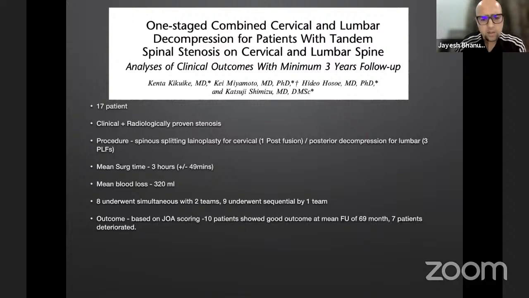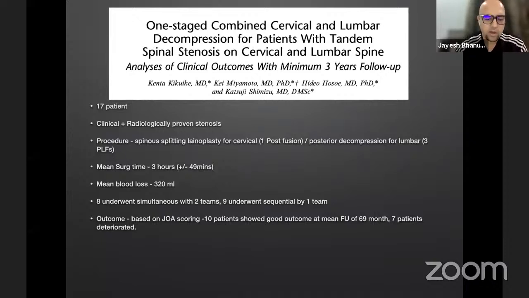The cervical patients underwent laminoplasty, of which one was posteriorly fused, a rheumatoid arthritis patient. Posterior decompression was done for the lumbar region, and 3 were fused in them. Here all were done simultaneously.